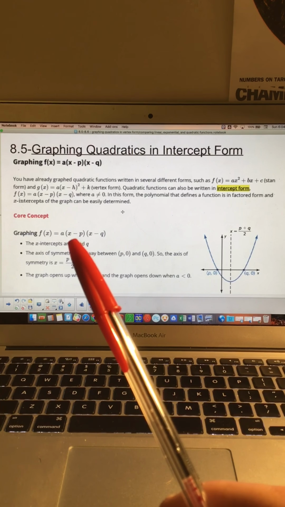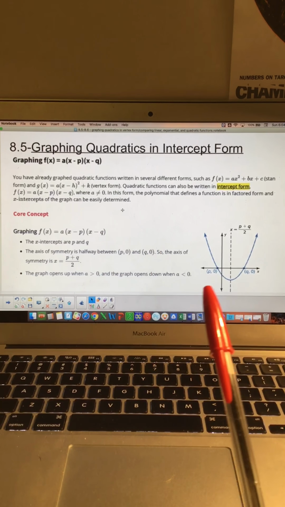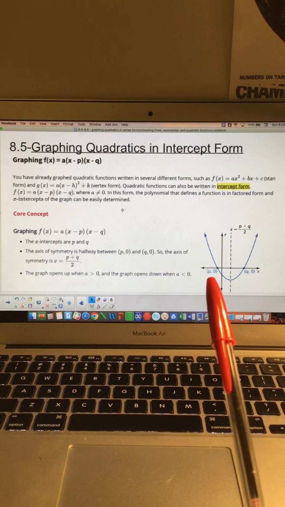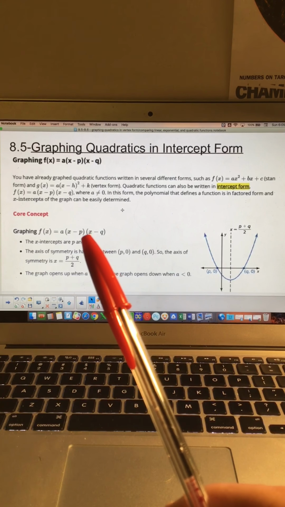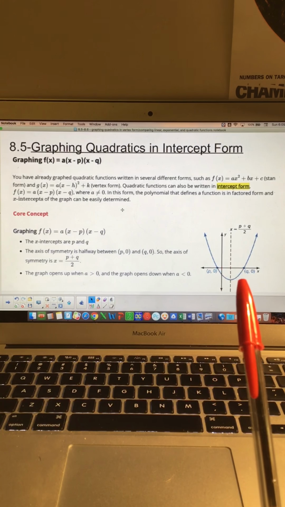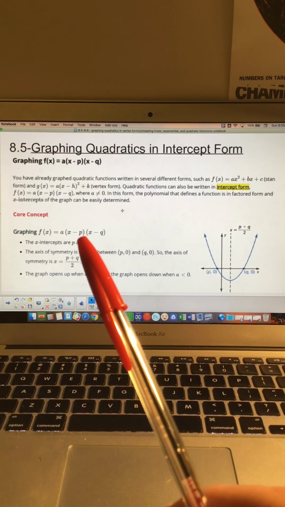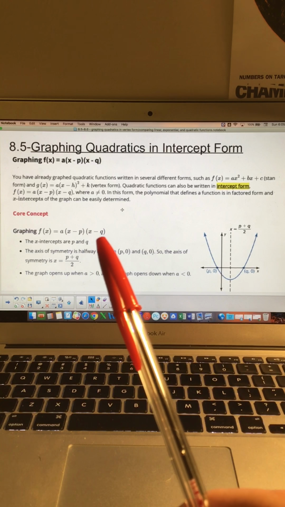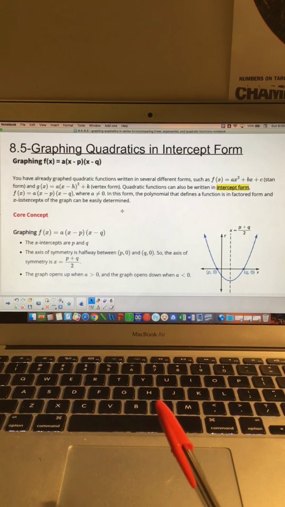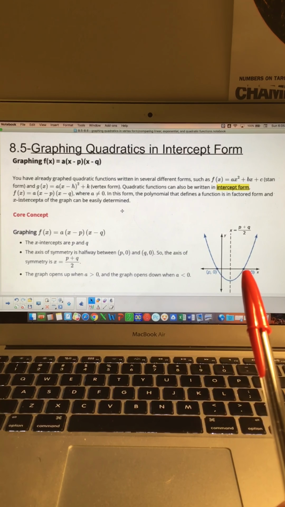The equation has x minus p and x minus q. For the intercept, it's going to end up being the opposite of that number. So for example, if we have x minus 5, it's really going to be a positive 5 on the x-axis. If we had x plus 3, it would really be a negative 3. So the numbers in place of p and q represent the x-intercepts, where the graph is crossing the x-axis.